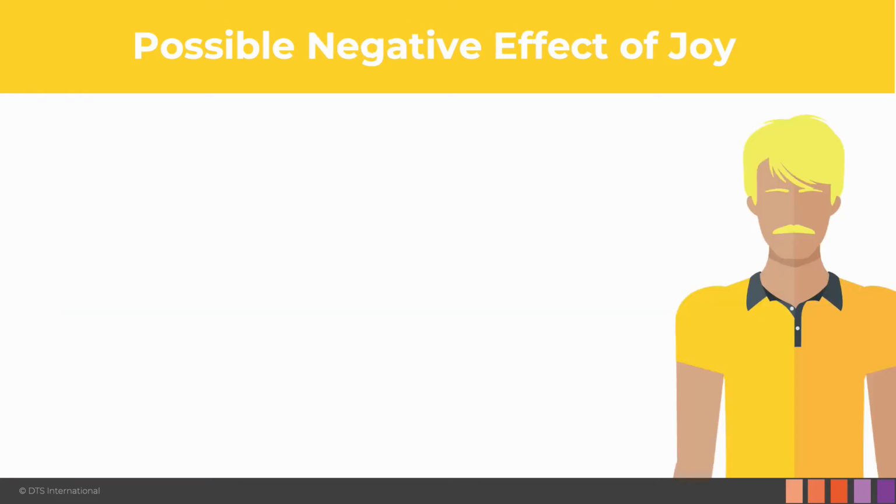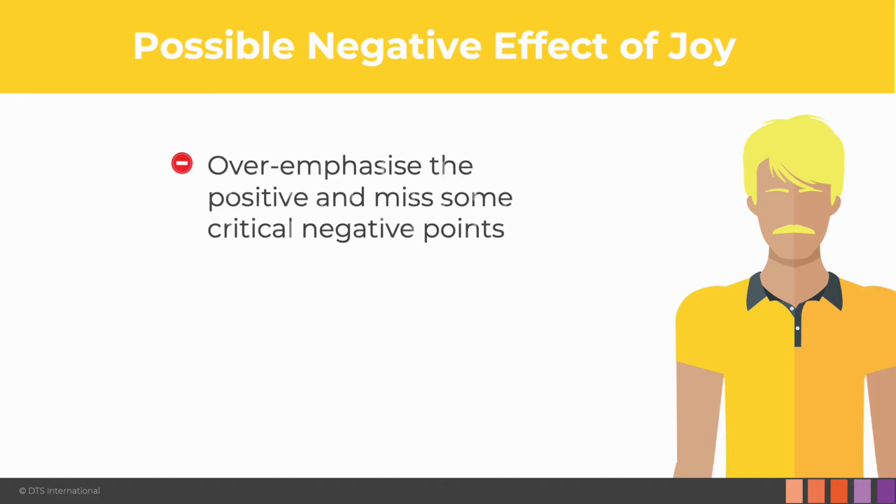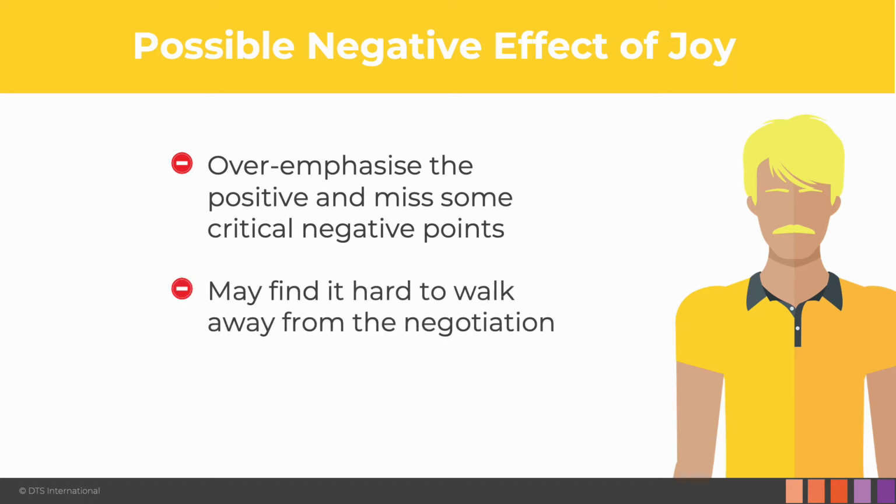There are also possible negative effects of the emotion of joy. Firstly, there can be an overemphasis on the positive, and we can actually miss out on some of the critical negative points. You'll hear me say at 100x DNA that we can get drunk on optimism. We can be so optimistic that we don't plan and we ignore the negative points of other people or even opportunities.